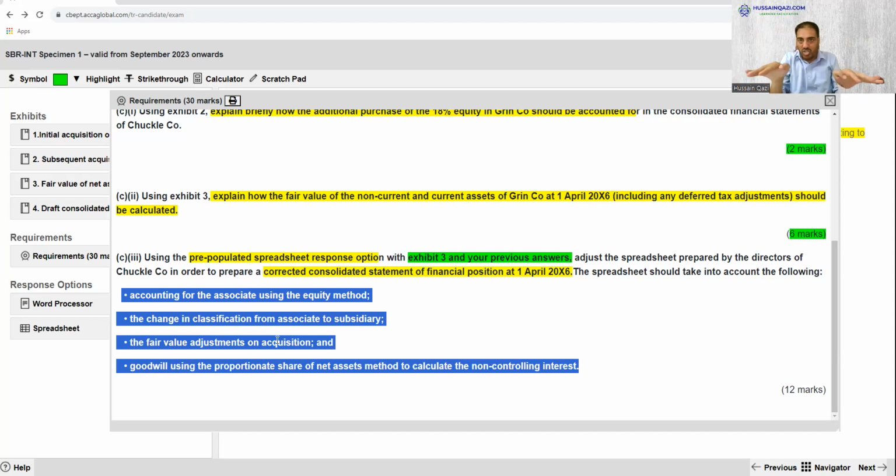So it's a 12 marks question with the pre-populated spreadsheet response option, and we will make corrections within this scope. The examiner here mentioned the scope of your correction of errors. It's very simple.